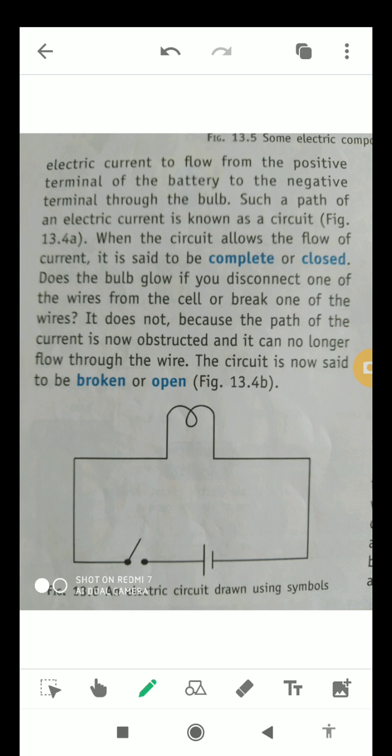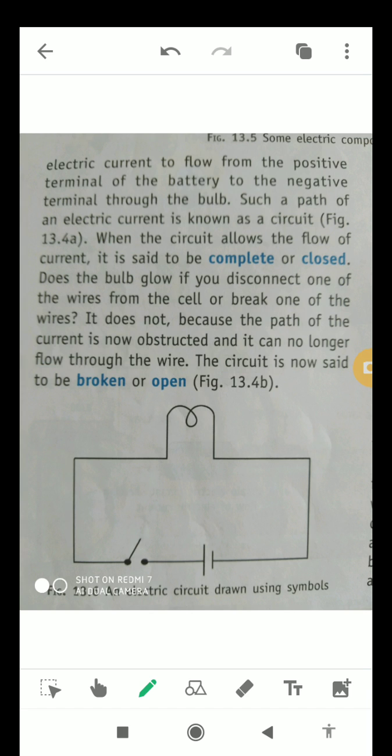So we call it a disconnection point, or we can ultimately call it an open or incomplete circuit, because at some point the wire is not connected, that's why it is called the open or broken or incomplete circuit.